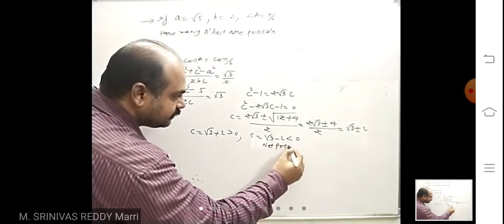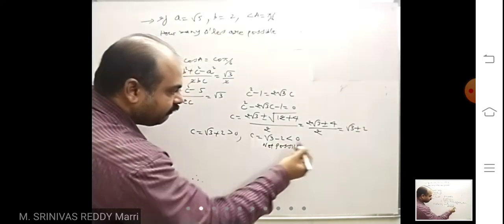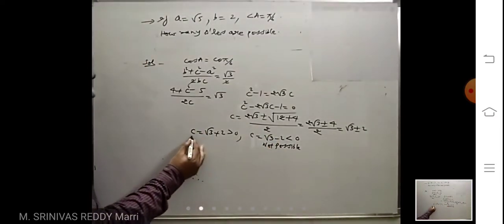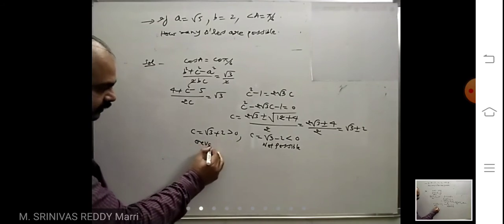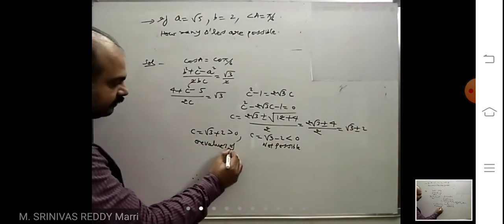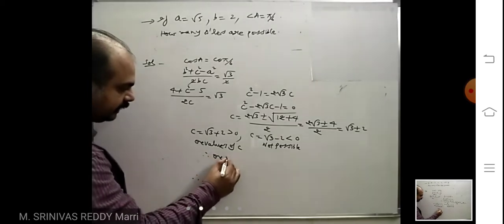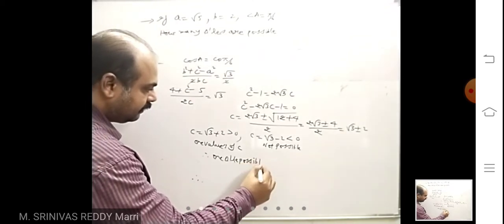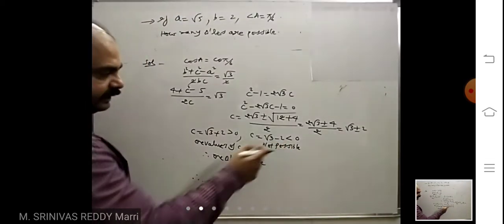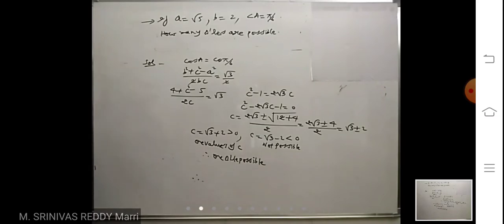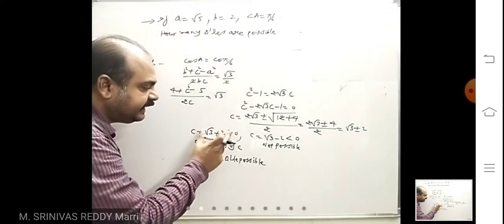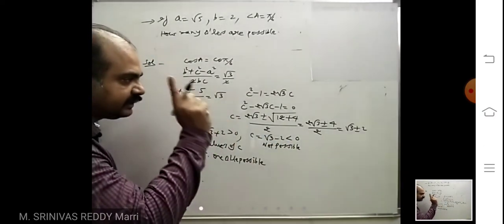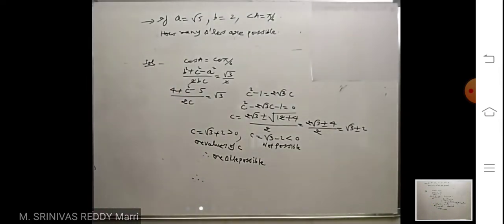Therefore there is only one value of C, so only one triangle is possible. Like that, for this equation, if you are getting both roots, then two triangles will be there. If you are getting only one root, then only one triangle will be there.